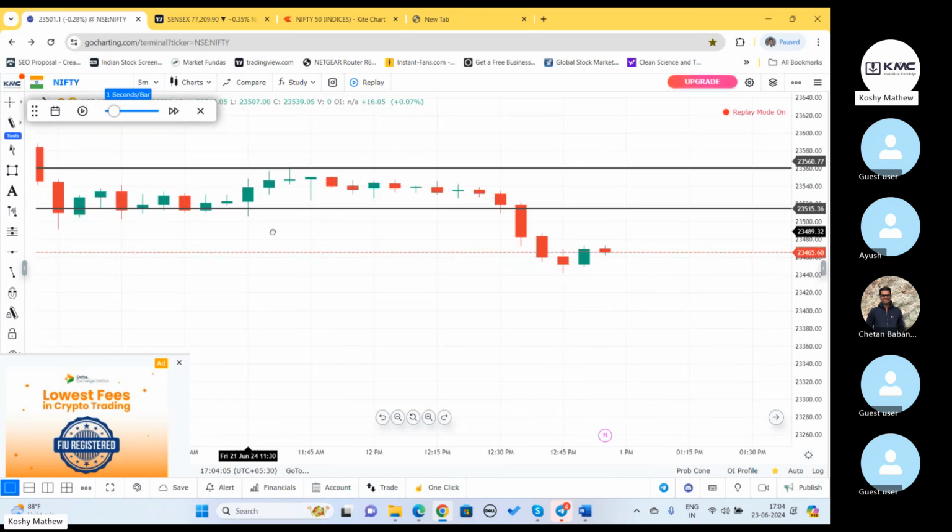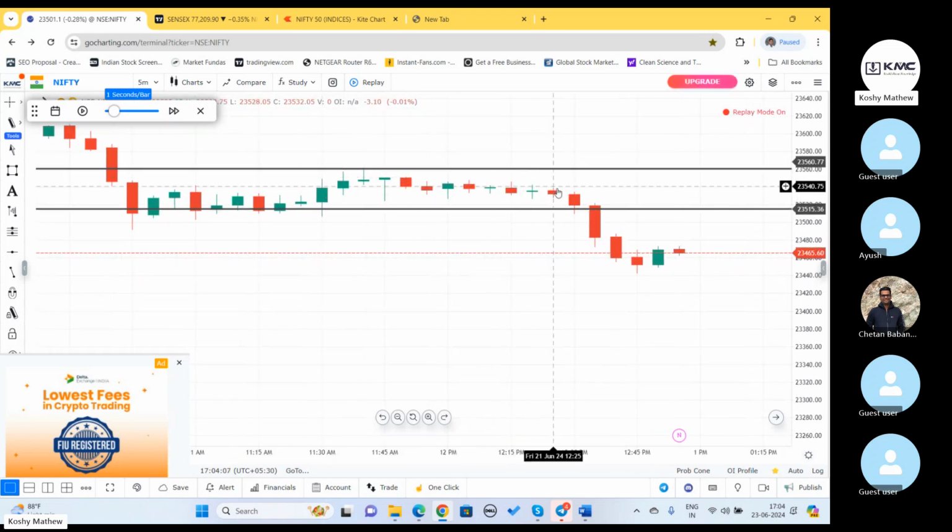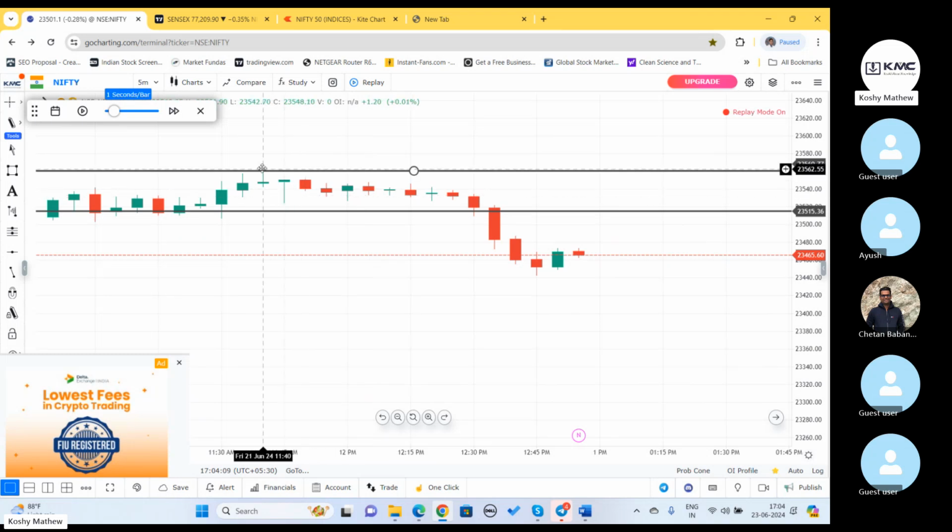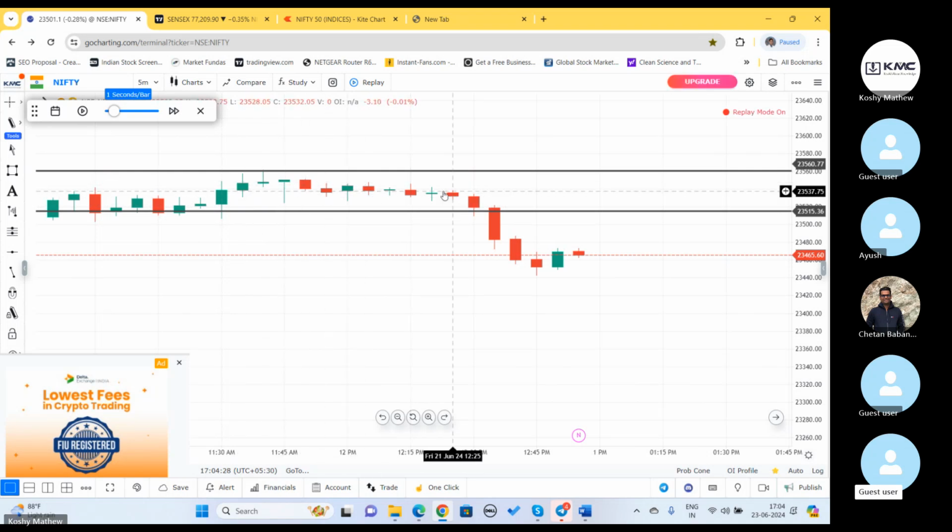It was going sideways, so neither buyers nor sellers had control because there is a resistance at the top and support below. It was going up, down, up, down. Sellers were there, buyers were coming, but both were fighting. For how many minutes? On the 5 minute chart, 1, 2, 3, 4, 5, 20 candles. 20 times 5 is 100, so almost 1 hour 40 minutes, they were fighting.